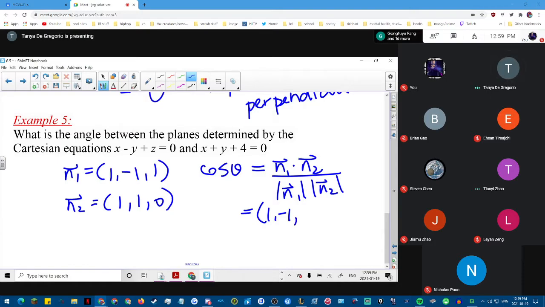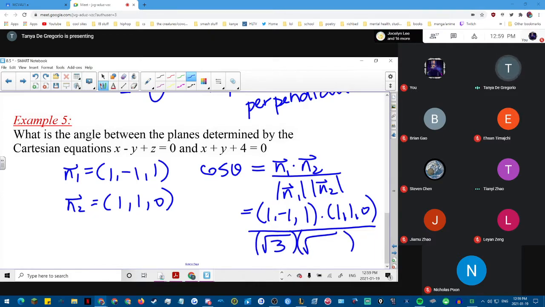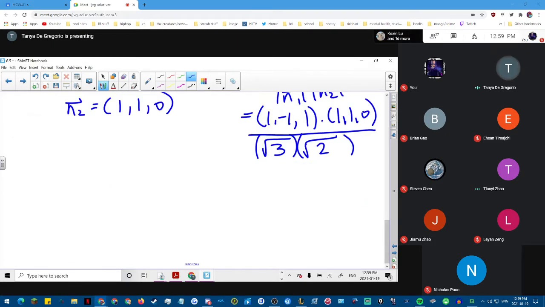1, negative 1, divided by radical 3, that is 1 squared plus negative 1 squared plus 1 squared, and 2, radical 2. Okay.